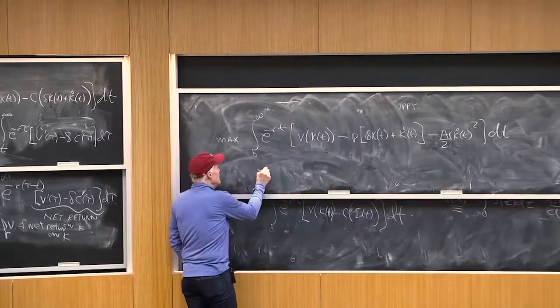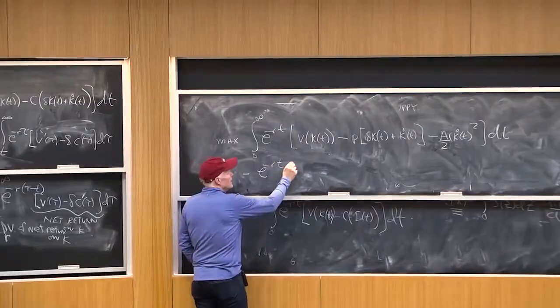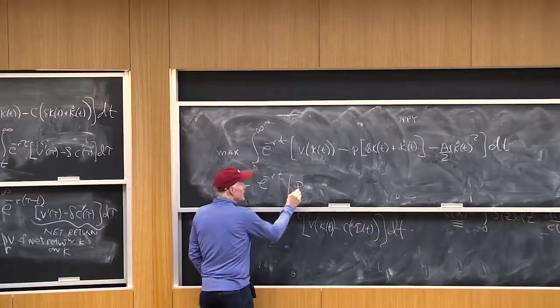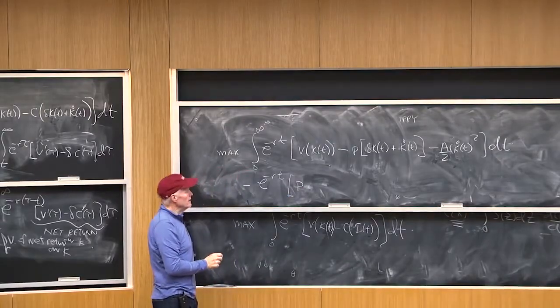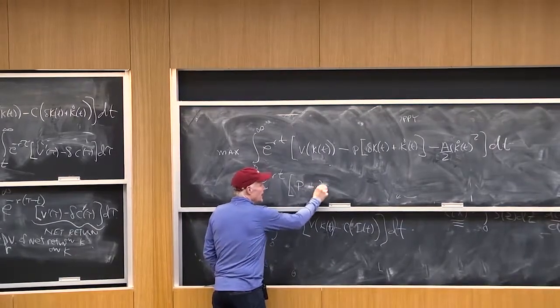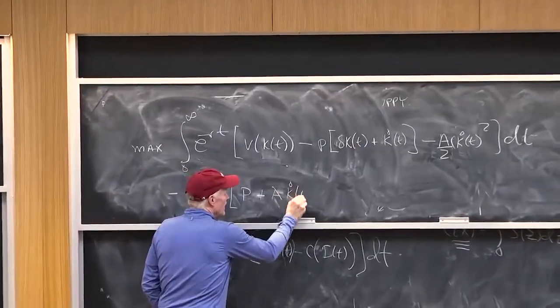So I'm going to get an e to the minus rt times, and what multiplies k dot? P plus a k dot, right?